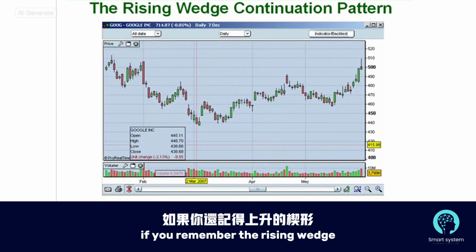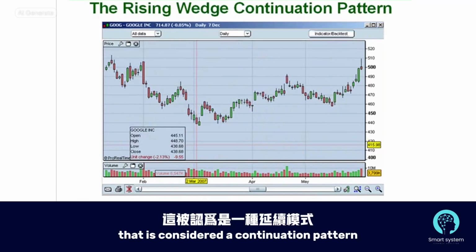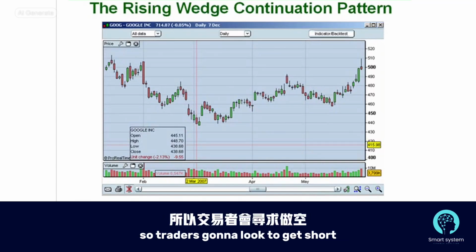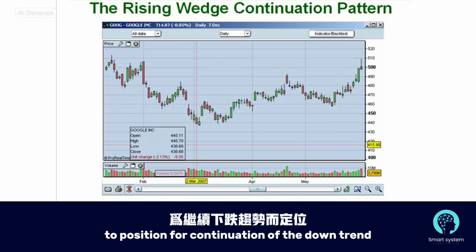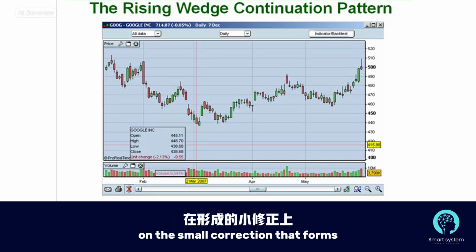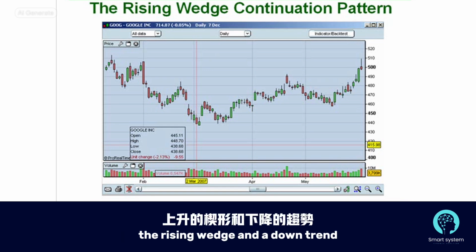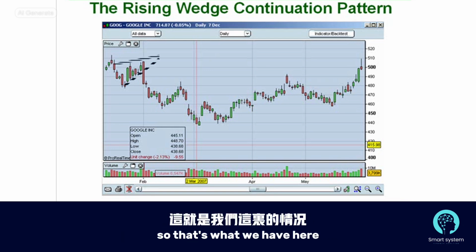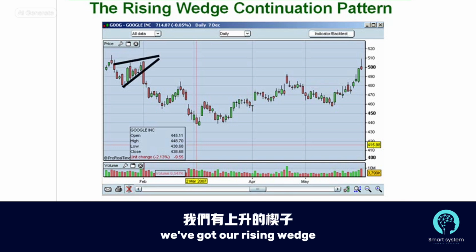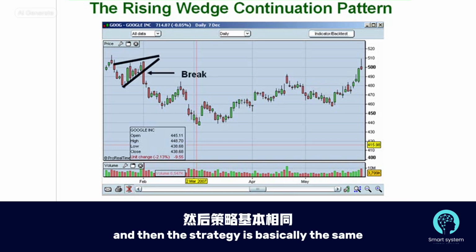If you remember the rising wedge, when that appears in a downtrend, it is considered a continuation pattern. So traders are going to look to get short to position for continuation of the downtrend on the small correction that forms, the rising wedge in the downtrend. So that's what we have here. We've got our rising wedge, we've got our break, and the strategy is basically the same.